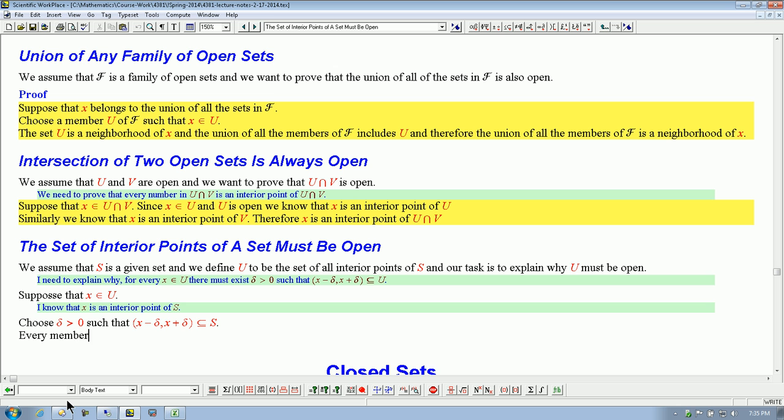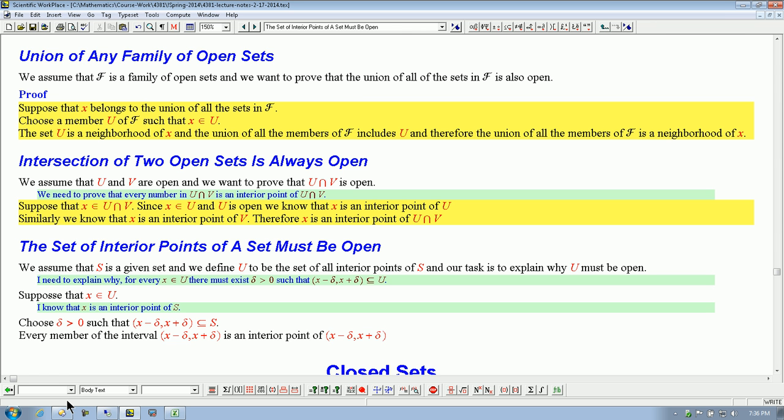Every member of this interval is an interior point of that interval, because that's an open interval. This is a fact about open intervals, is it not?